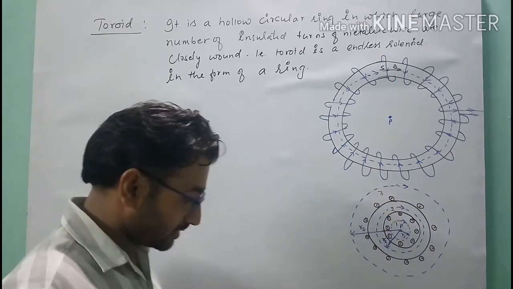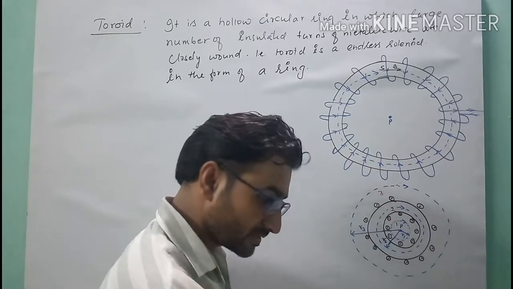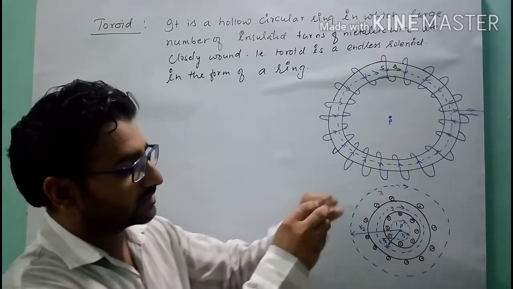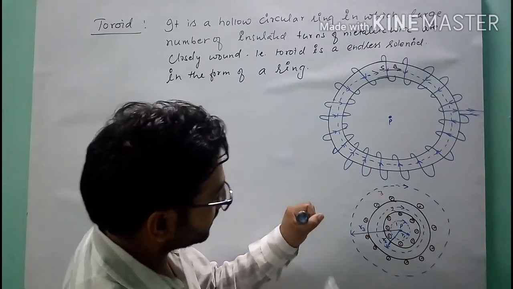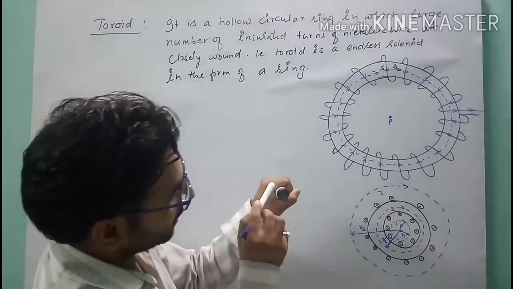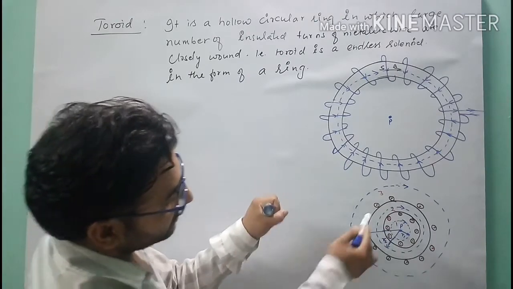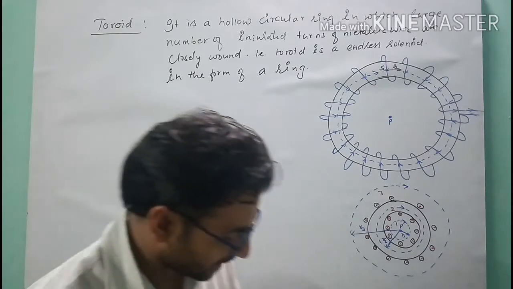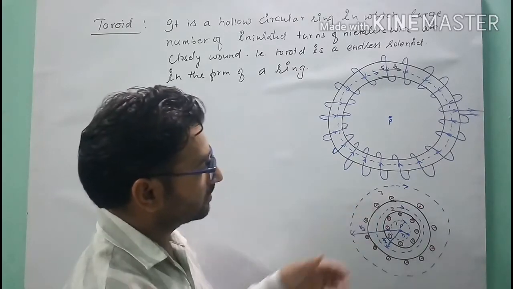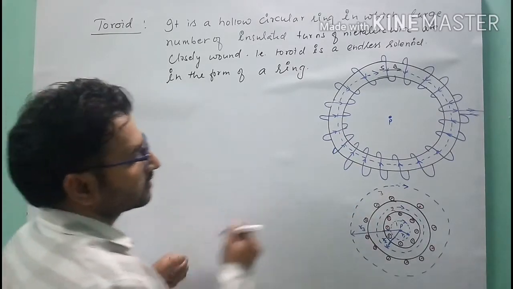And after that, suppose I have a circular part, this one is the circular part, okay students. So in this part, suppose this is the outer part and this one is the inner.